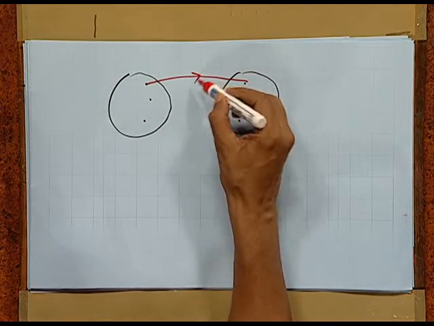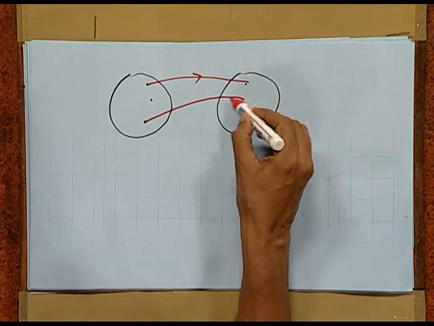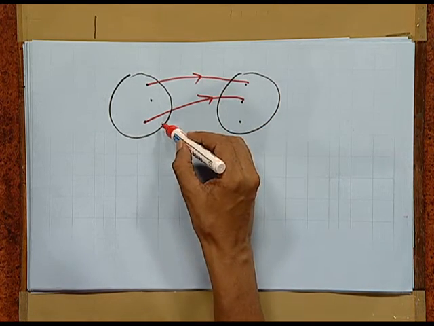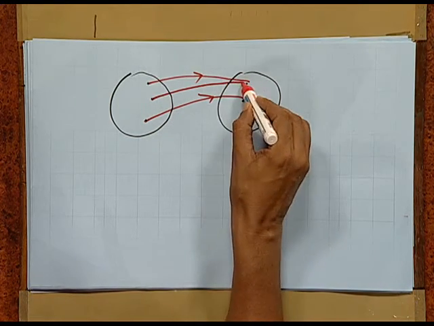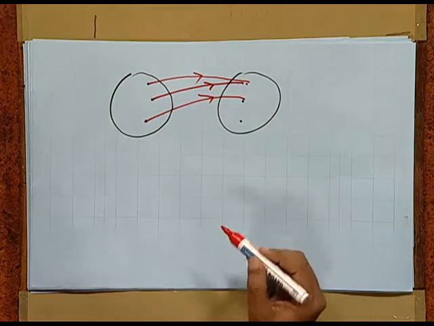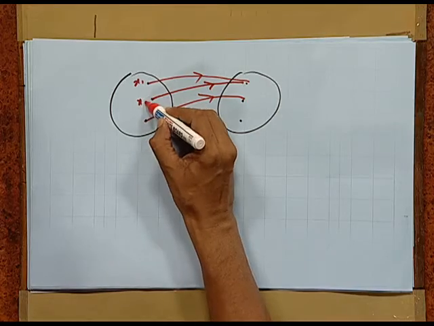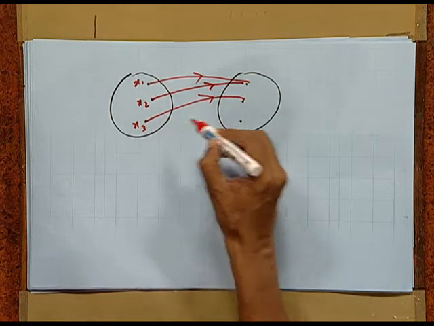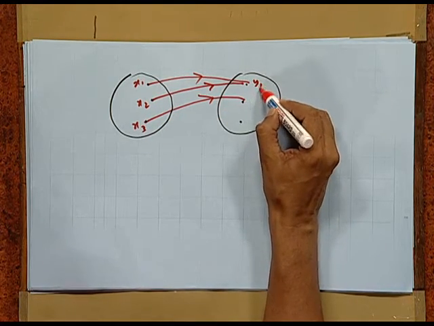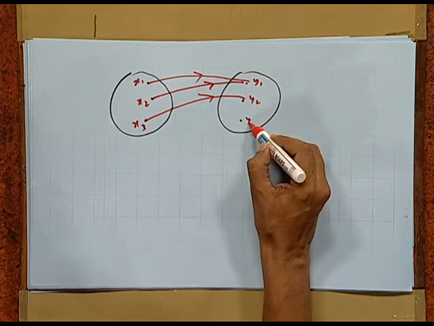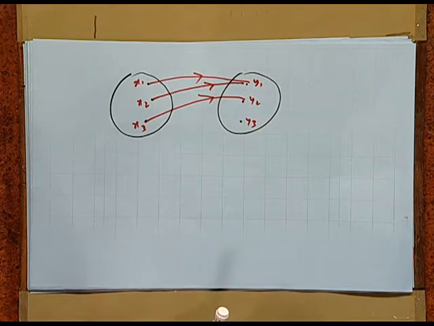If we link it like this, here the elements x1, x2, x3 are linked to y1, y2 of the second set.